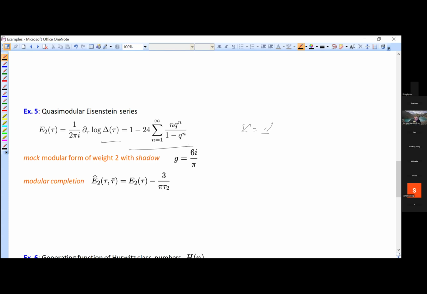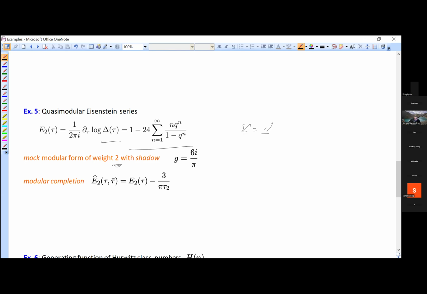And one can check that it's actually one of the trivial examples of mock modular forms. Namely, it's kind of the most basic one, because this is the only example where its shadow is a constant. And of course, constant has modular weight 0, so which means that just from the definition, it's easy to see that the modular weight of this guy is 2.